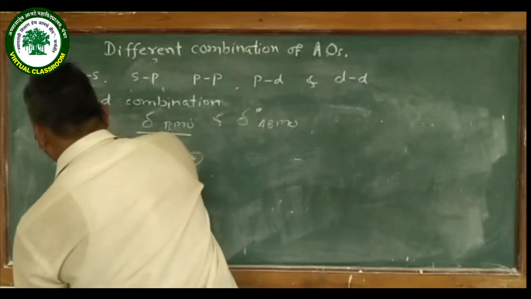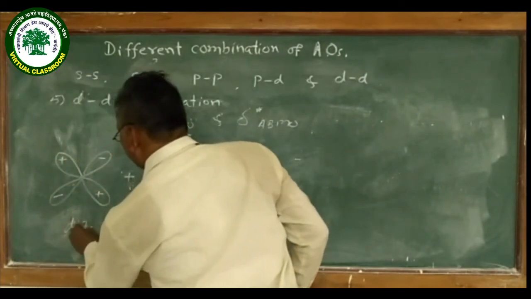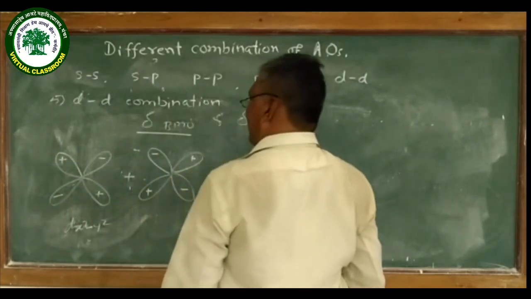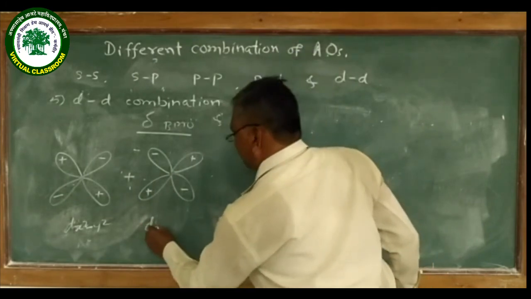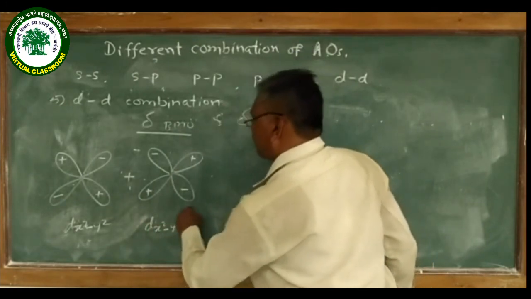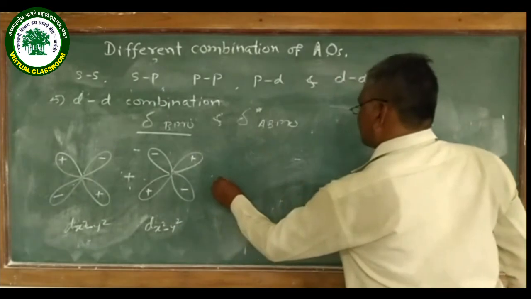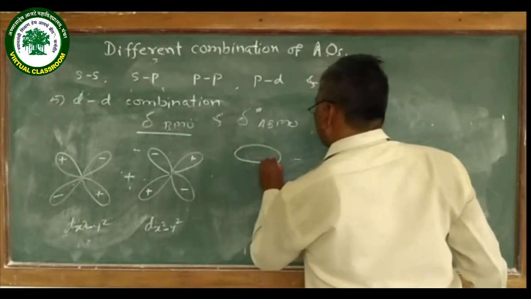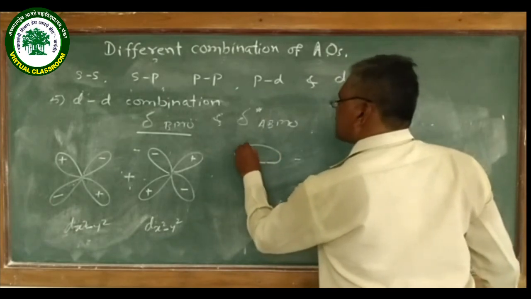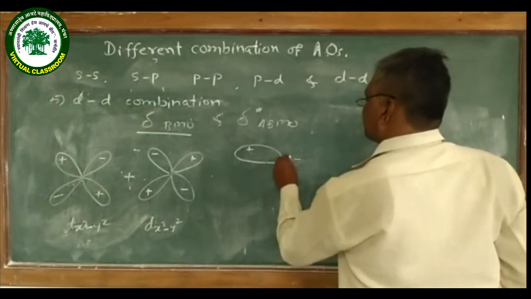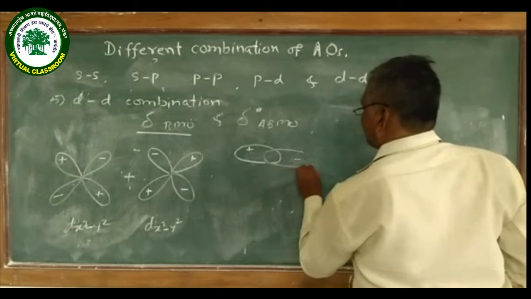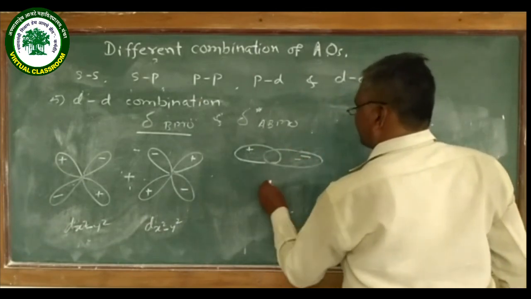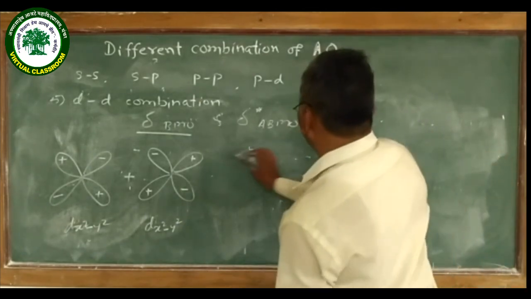So these are the dx square minus y square orbital of one atom overlap with dx square minus y square orbital of another atom, and this will form the plus and this is minus. Let me draw it properly.